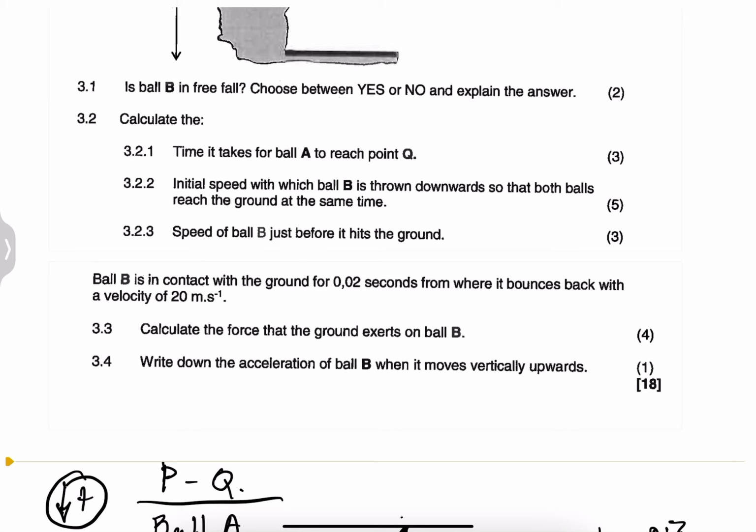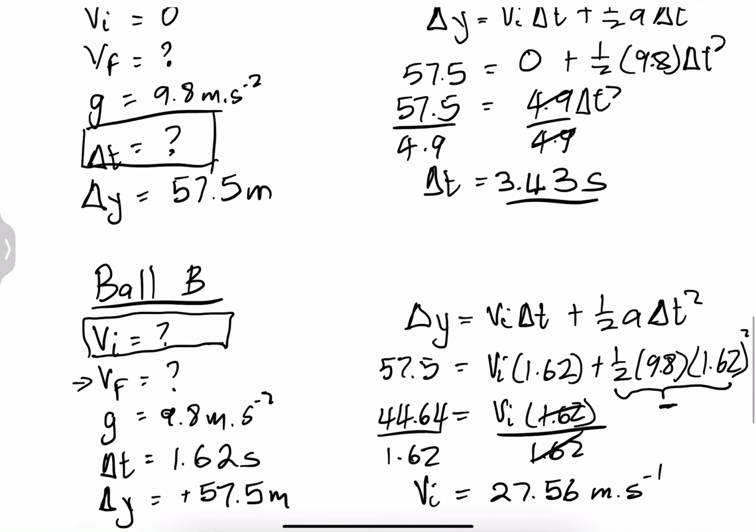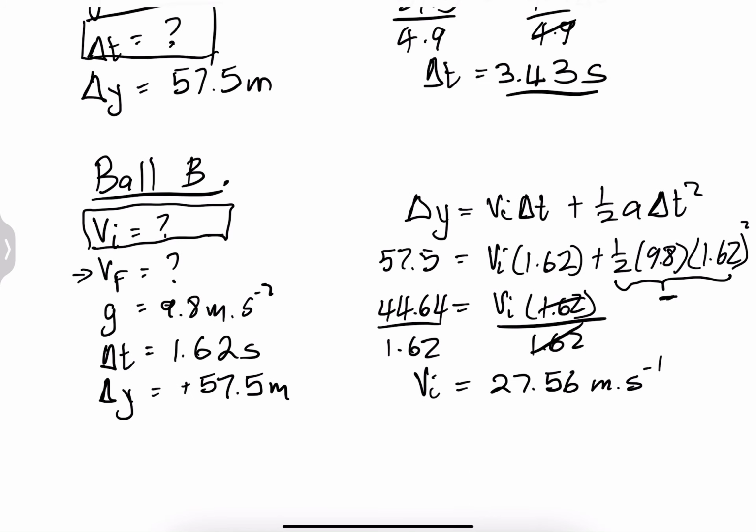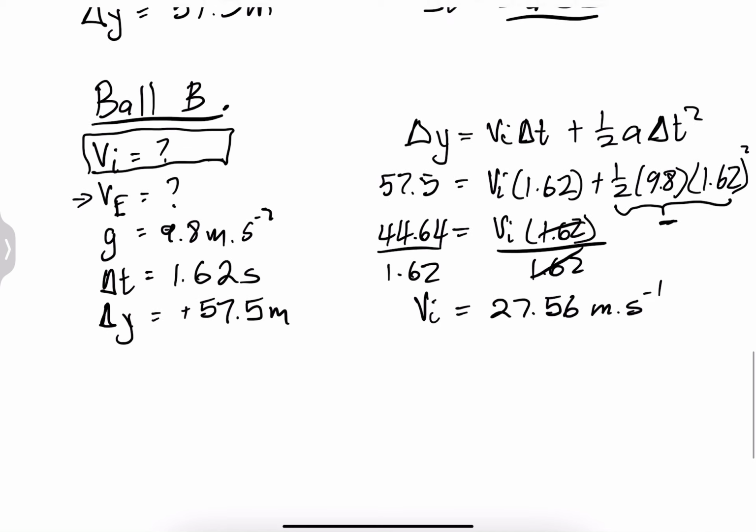Okay, right. Now, they say to us, the next question, calculate the speed of ball B just before it hits the ground. Okay, so we are looking at ball B, which is this guy over here. We're looking for the final velocity. I'm not going to waste time. I'm going to use the easiest equation of them all.